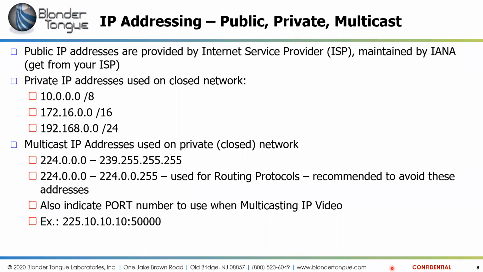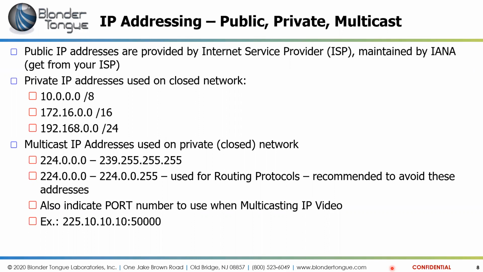We have to do other things to allow our computer to talk to the outside world. But those are our internal IP addresses. The multicast IP addresses used on private closed networks, again, are 224.0.0.0 through 239.255.255.255.